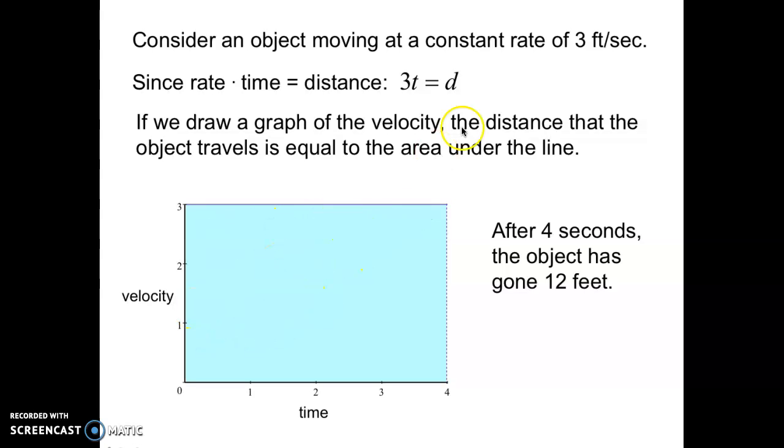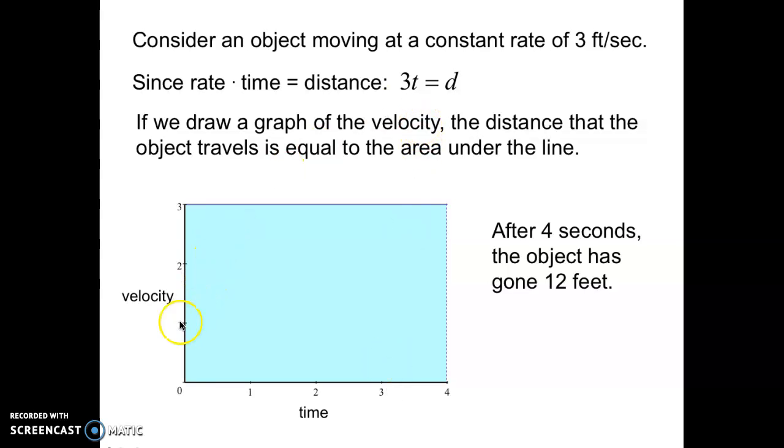So we drew the velocity curve, which is actually not a curve, it's just 3 feet per second here. And we can interpret the distance I'm traveling geometrically by looking at the area between the rate of change curve, the velocity curve, and the x-axis.